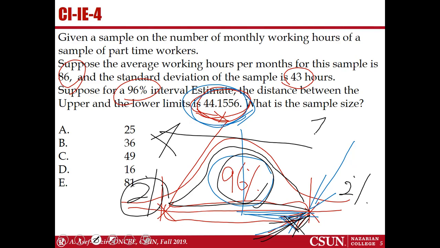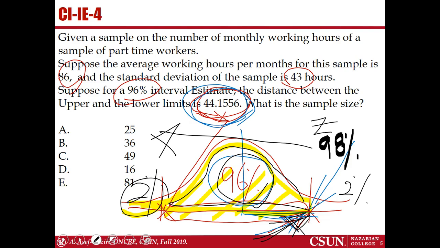I want to find the z. This area all the way down is 96 plus 2, 98%, and that is very simple to find.